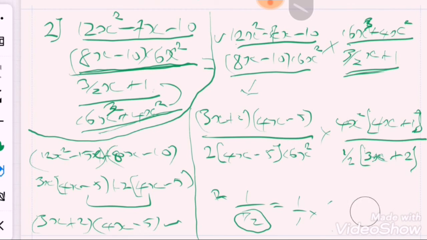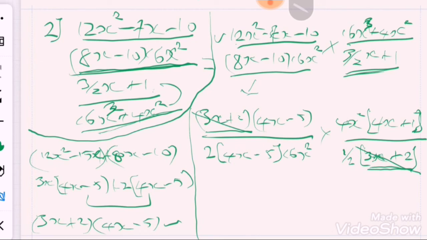Let me clean it. At this juncture, we have terms that can strike themselves out. 3x plus 2 here and 3x plus 2 here can strike out, so I cancel them. Again, 4x minus 5 and 4x minus 5, do you see? They cancel out. So in this whole expression, I have 1.